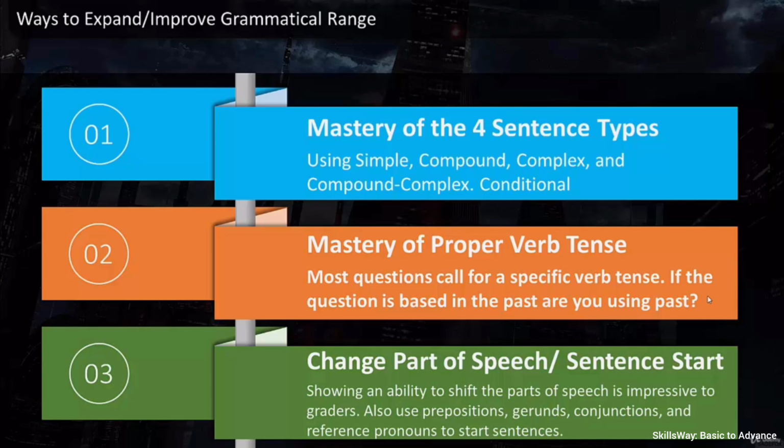Also, if you really want to score well, show that you can do the perfect tenses. Also, maybe be able to change how you start a sentence. Sometimes you might start a sentence with a prepositional phrase. Sometimes you might start with a gerund. Also show the ability to shift your parts of speech. These are all different ways that you can improve your grammatical range.